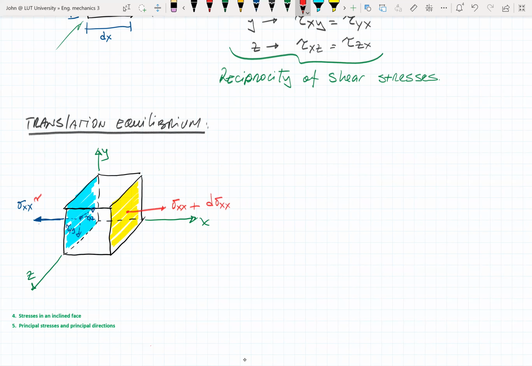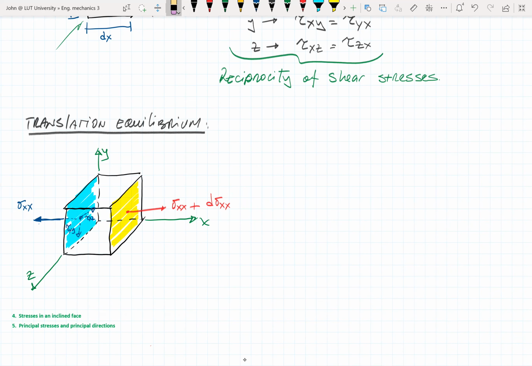So I have in here the normal stress sigma xx in the negative x phase, but then it goes in the infinitesimal cube to the other end. It is incremented by a small quantity called a differential of this normal stress xx. I'm going to get rid of this and this.